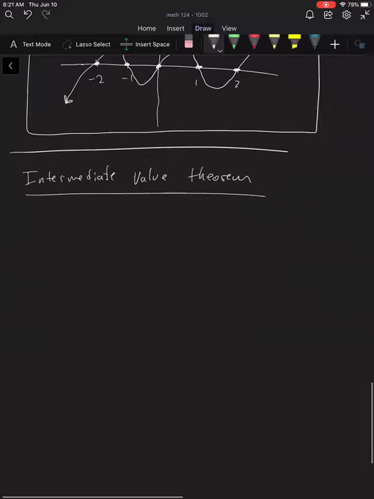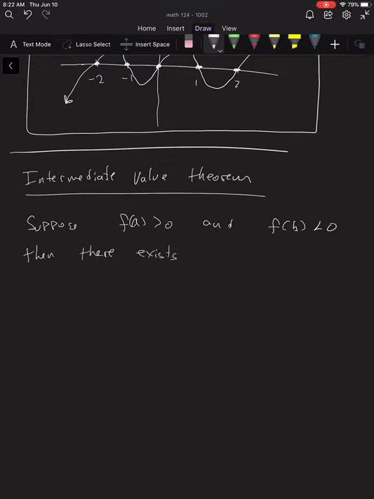So basically what this tells us is, suppose f of a is bigger than 0 and f of b is less than 0, then there exists a number c such that a is less than c is less than b, so c is in between the two, and f of c is equal to 0.